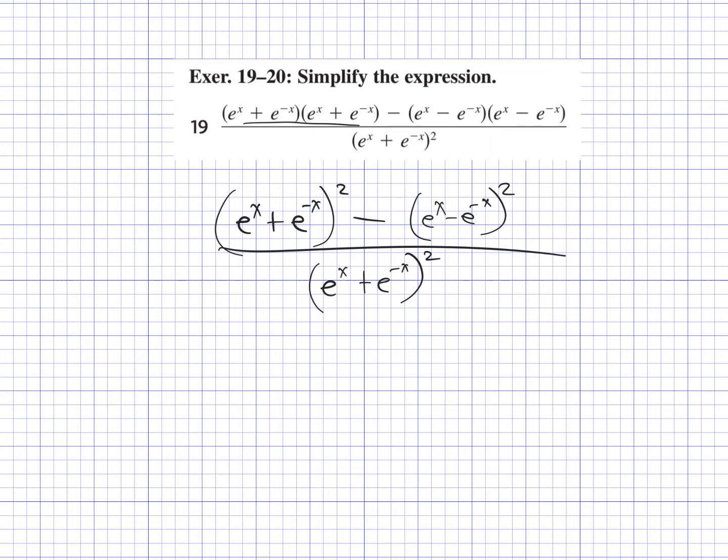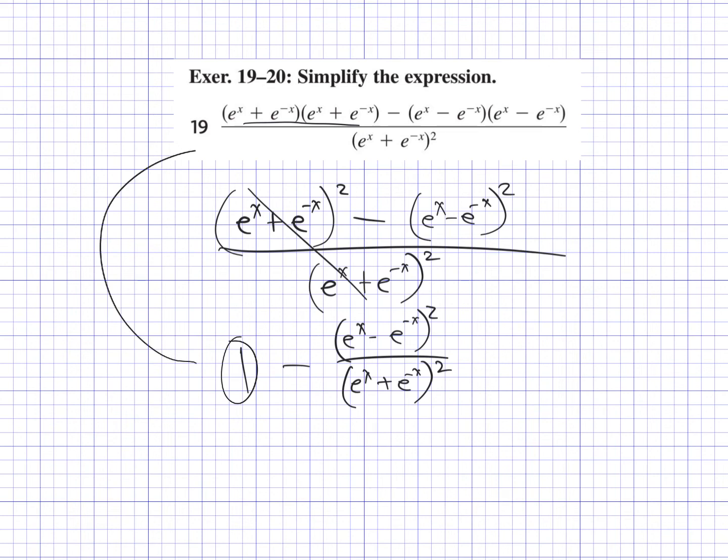All right, so if we separate these, that'll be 1 here. And then on the right side, e to the x minus e to the negative x squared over e to the x plus e to the negative x squared. If you had to simplify that further, obviously you would have to get a common denominator here, which is going to take you totally back up to there and go from there. All right, let's move on.